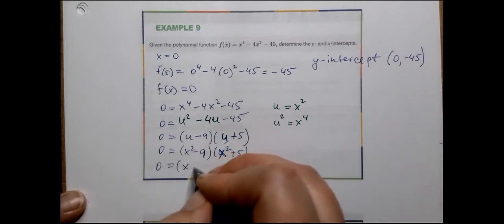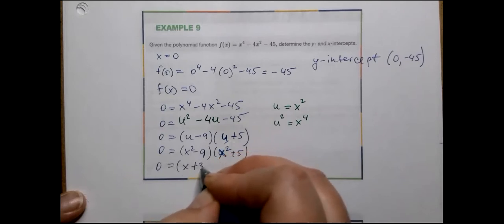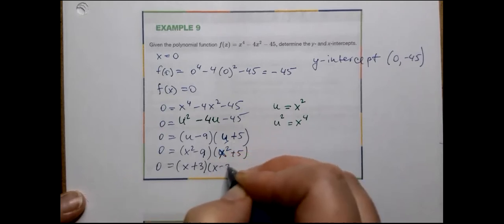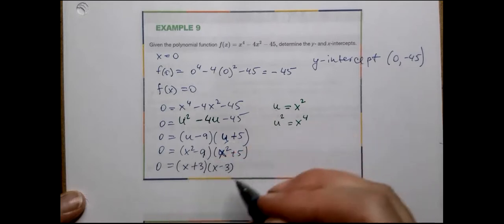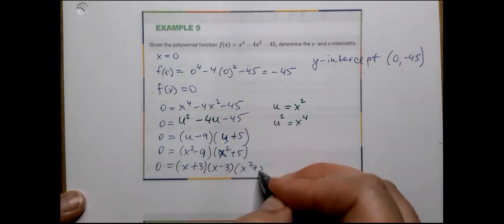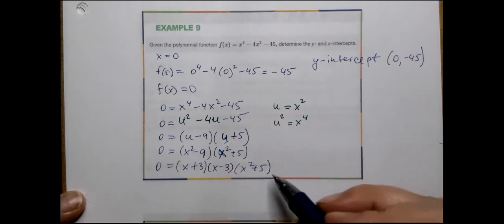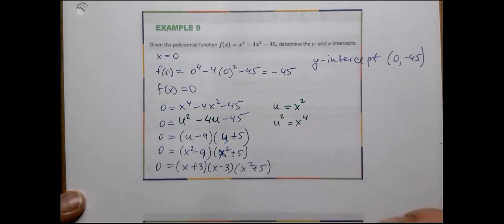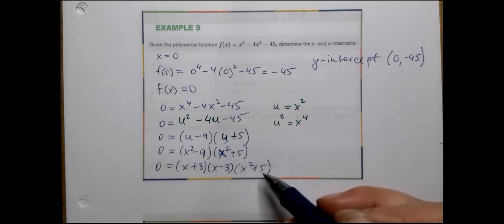So we're going to have x plus 3 times x minus 3. That will give you x squared minus 9. And then we still have x squared plus 5. Now, x squared plus 5 is not factorable. It's a prime quadratic, so we're gonna leave it as is.